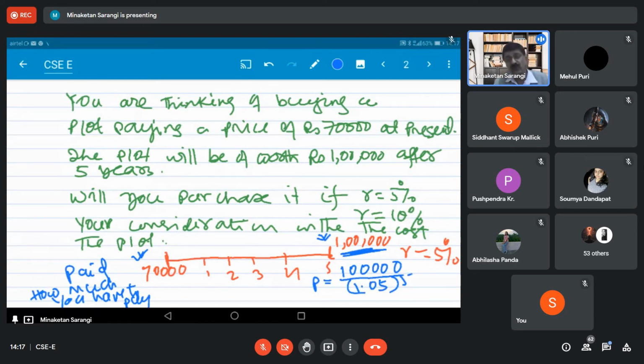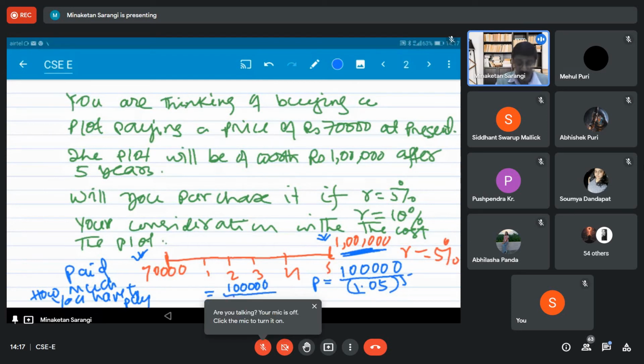So please calculate and tell me what will be its value. 1.05 to the power 5. So that we are getting 1 lakh divided by 1.27628.